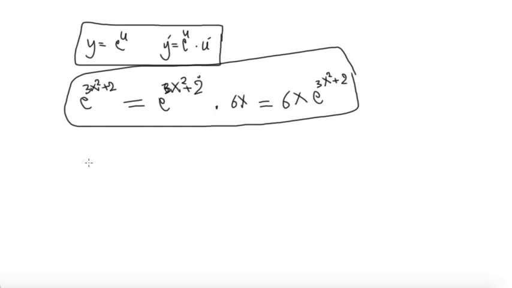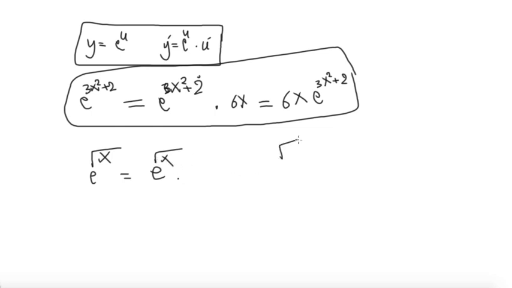Another example is this. When you have e to the power of square root of x, it equals e to the power of square root of x multiplied by the differentiation of this one.